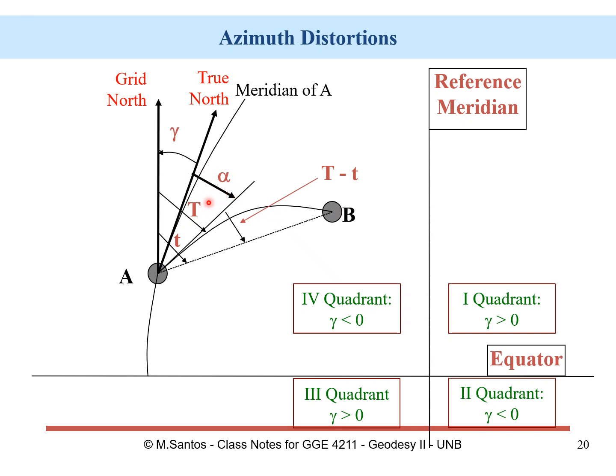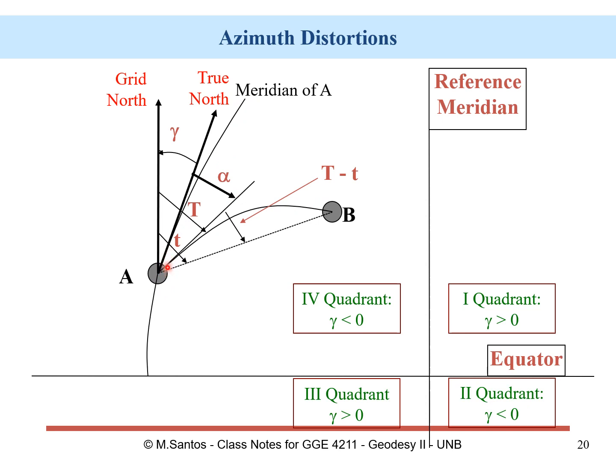Okay, so the azimuth is, of course, with respect to the meridian. The azimuth from A to B is with respect to the meridian that contains point A. Now a few elements are important here.